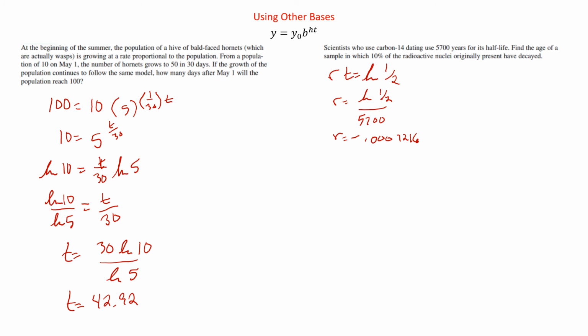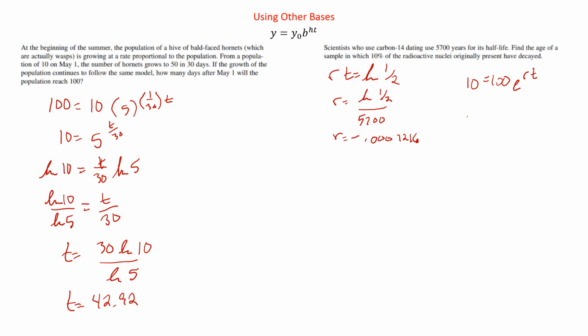Find the age of a sample in which 10% of the radioactive nuclei have decayed. So if we start out at 100% for our principal, we're going to have 10% left. Or you could start out at 0.1, and 1 would be your principal. Does not matter. e to the rt, and I'm just writing r instead of writing out that long decimal.